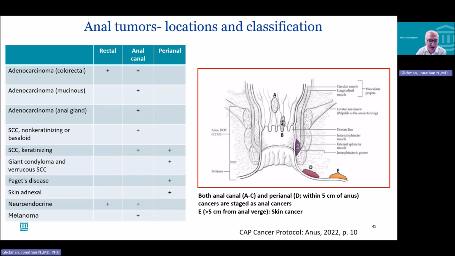In the perianal region, we'll tend to see the giant condyloma, verrucous carcinoma, Paget's disease, skin adnexal tumors, neuroendocrine carcinomas more proximally, and then melanomas in the anal canal. And it's important also to remember that the perianal region encompasses tissue that's within 5 centimeters of the anal verge. So anything more distal than that is staged and classified as a skin cancer.